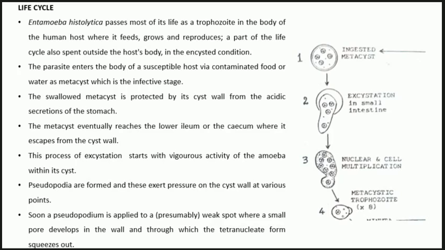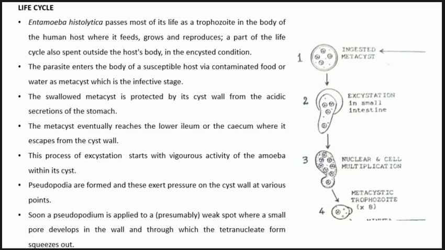Now how does excystation work exactly? It forms a perforation in the cyst wall, and from that perforated area it tries to come out. Pseudopodia are formed, which exert pressure on the cyst wall at various points and try to find the weak spot in the cyst wall.